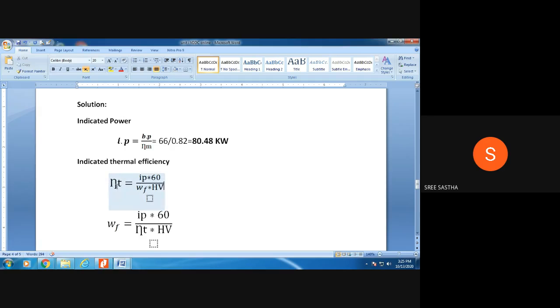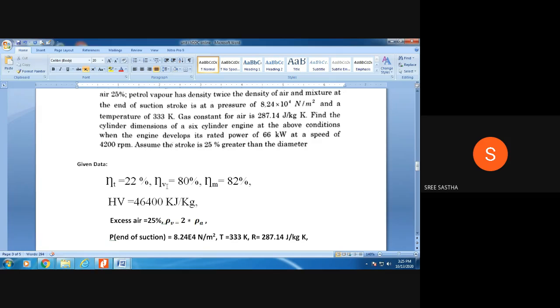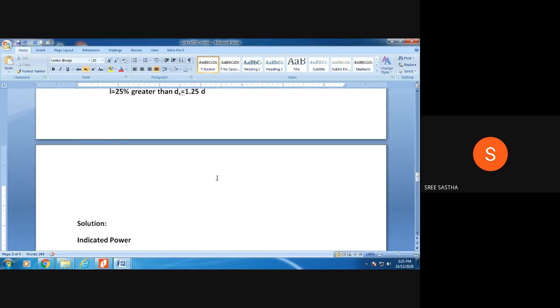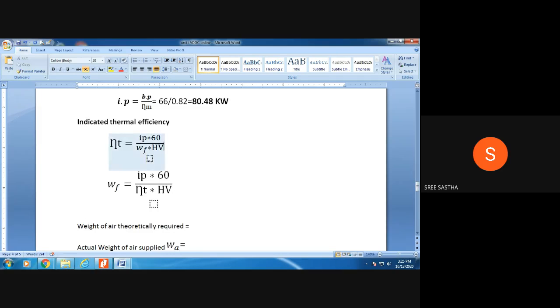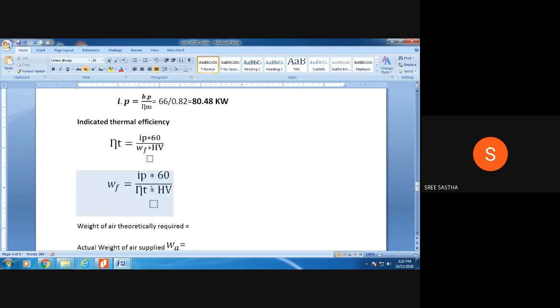I can find my WF, because once WF is there, I can use it in my volumetric efficiency to find bore and stroke. Like this you have to think. So for finding out WF, we go for indicated thermal efficiency, which is given as 22 percent. So you put 0.22.